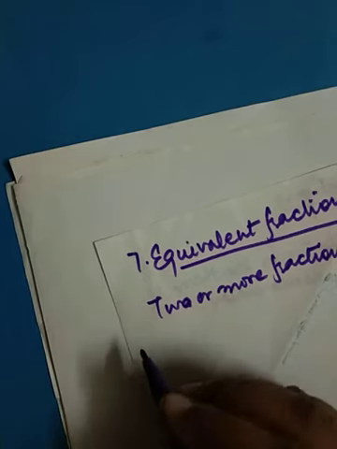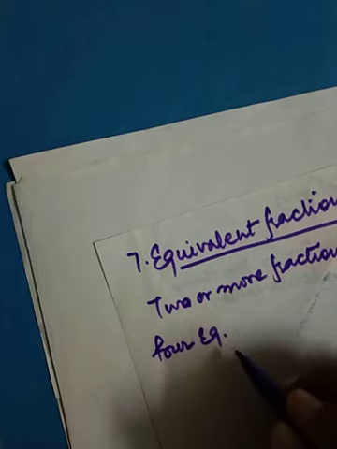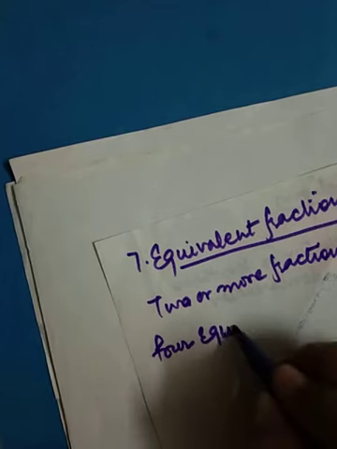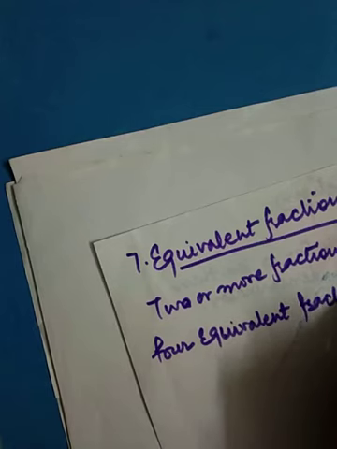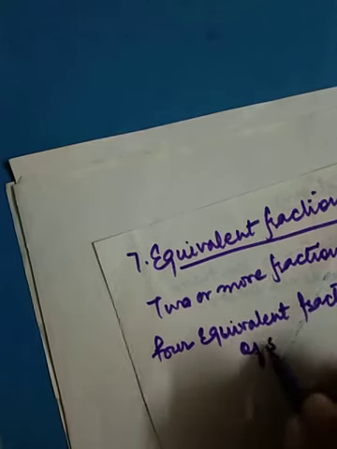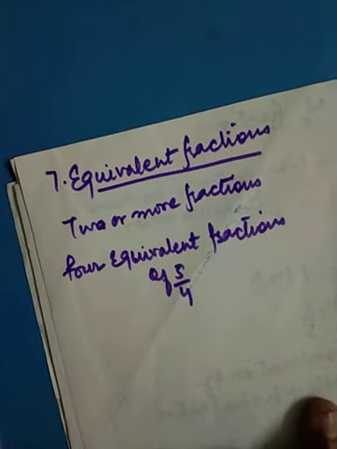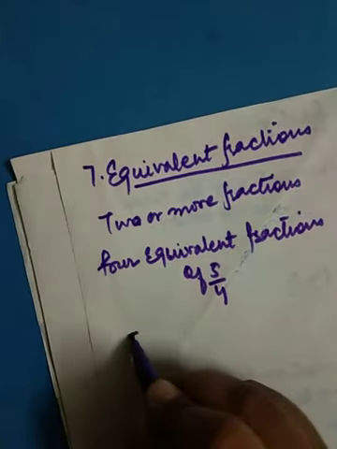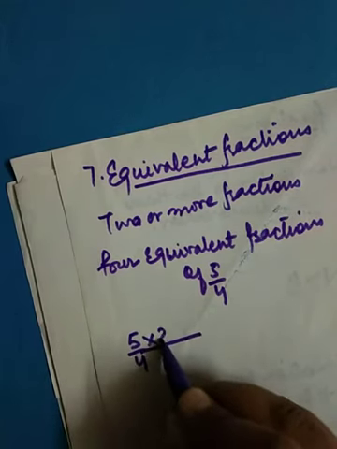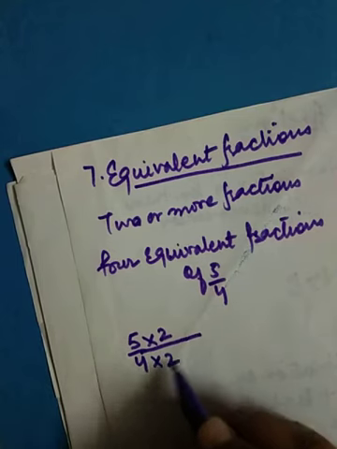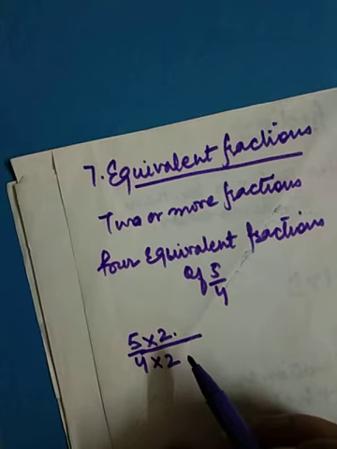Suppose we have to find 4 equivalent fractions of 5 by 4. How can we get equivalent fractions of 5 by 4? We will write 5 by 4 and multiply the numerator and denominator by the same number, starting from 2.